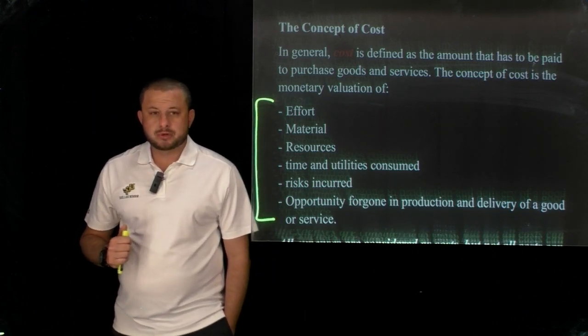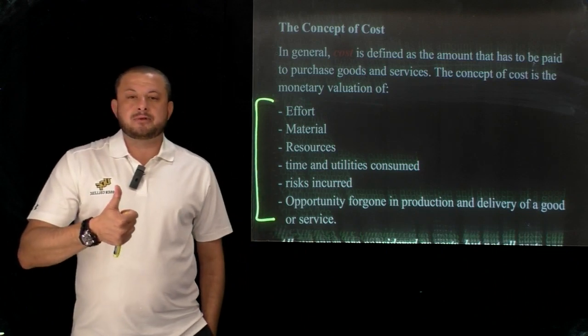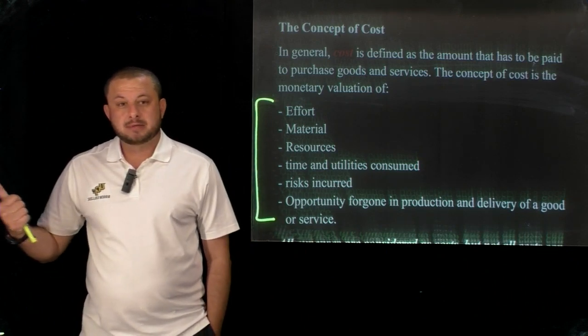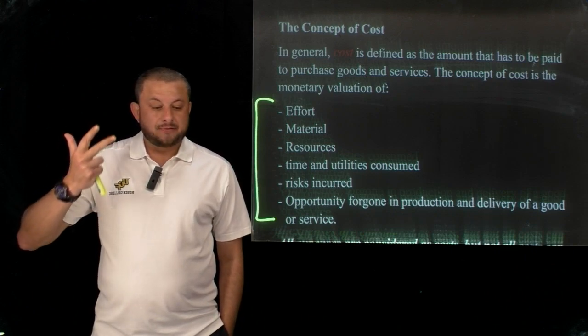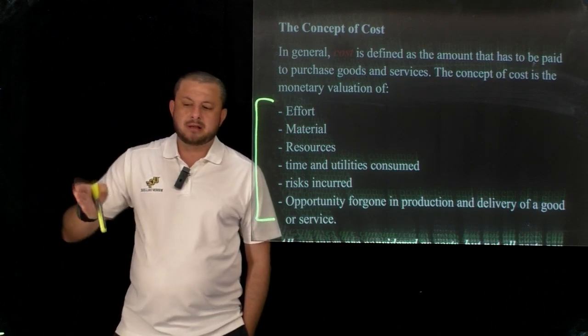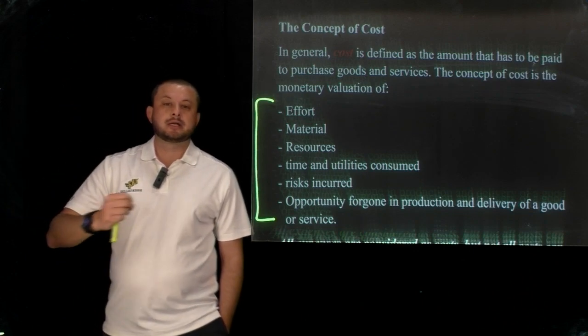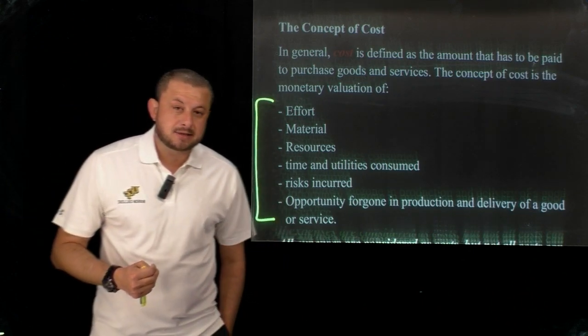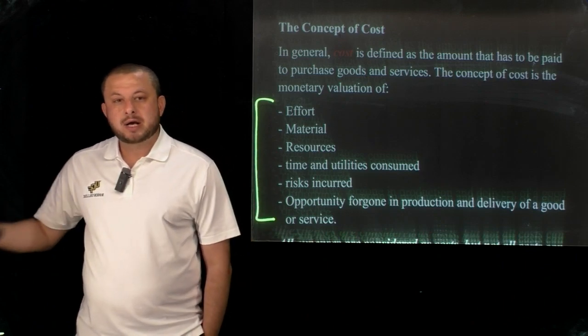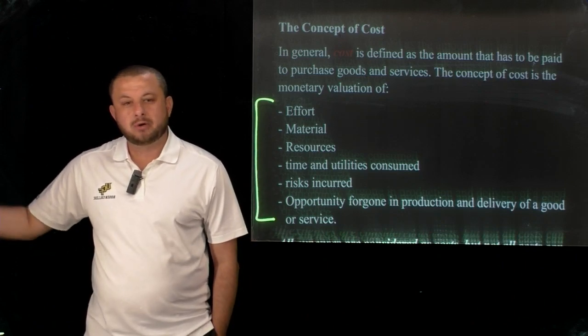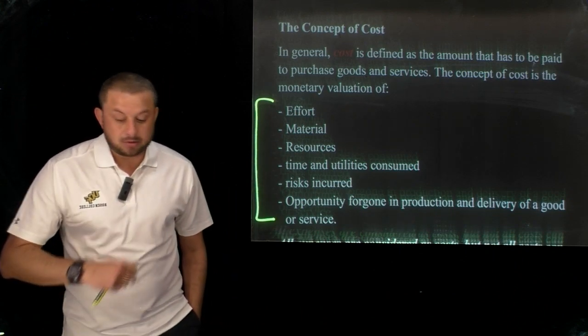The length of time you spend to get that product in any hospitality establishment, the electricity, the gas for your car, you name it, every single thing is also included in the cost components, and these are calculated to come up with the true value of that specific cost of the product that we are purchasing.